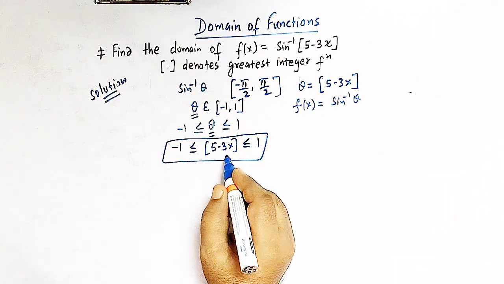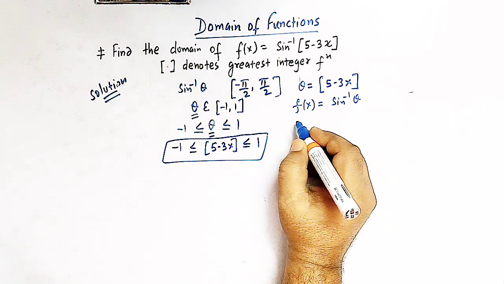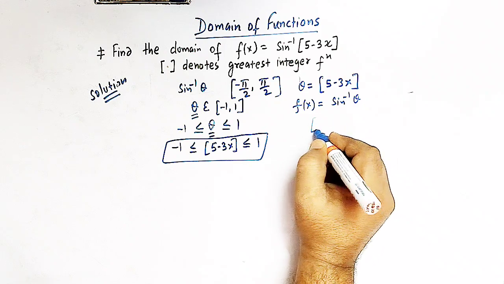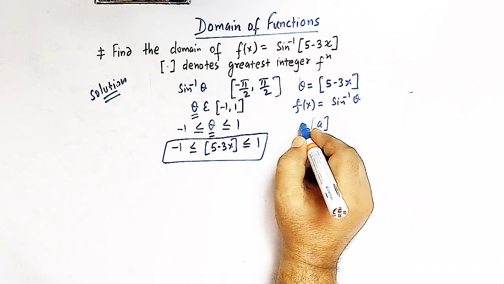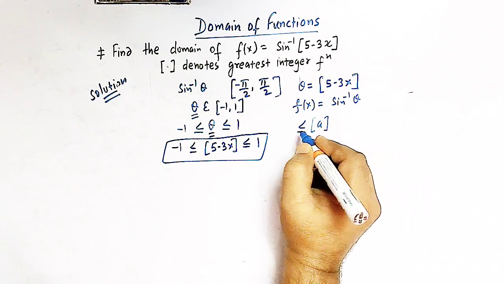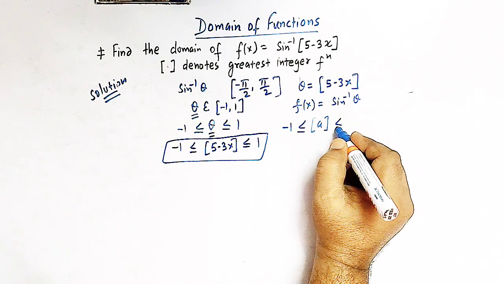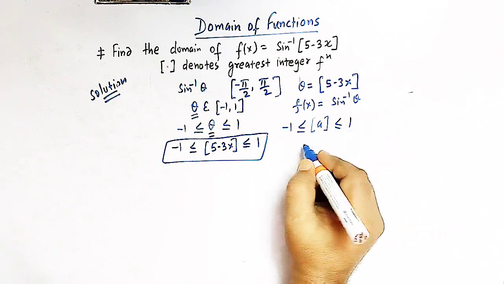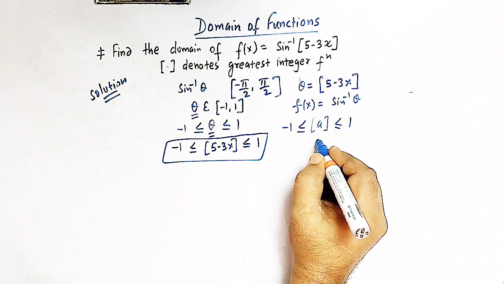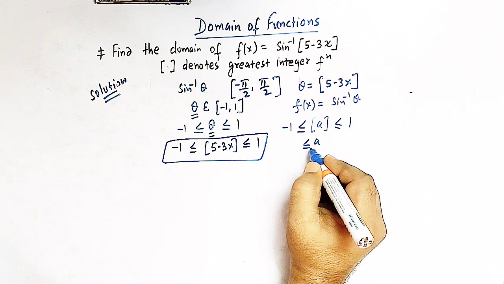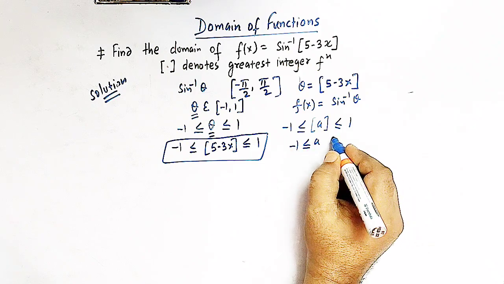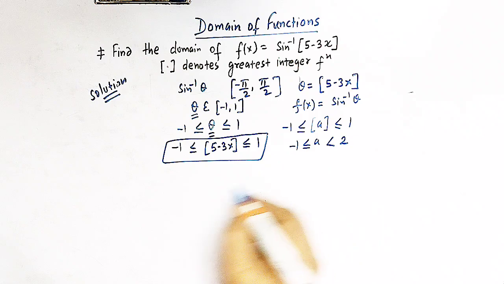So here we'll make use of this important result: if greatest integer of a is greater than or equal to minus 1 and less than or equal to 1, then the value of a is greater than or equal to minus 1 but less than 2, right?